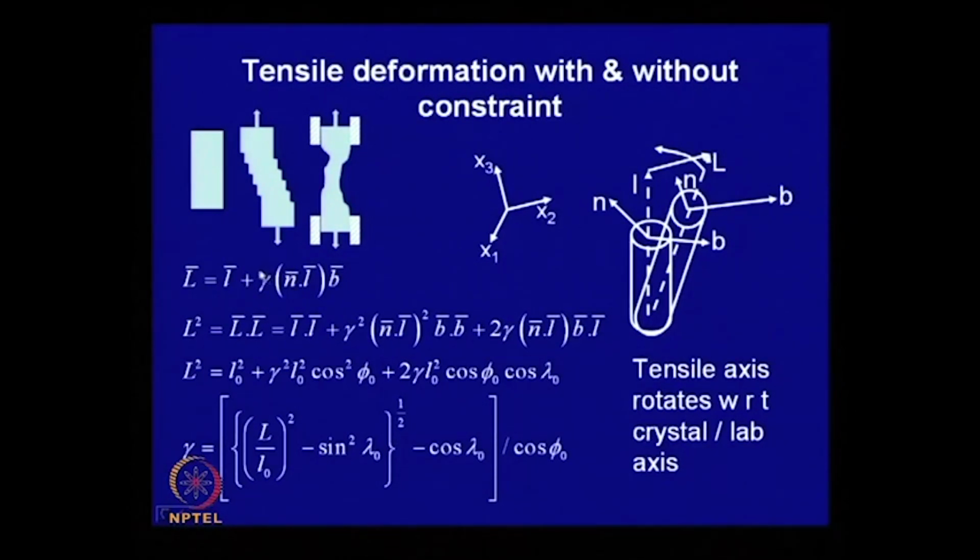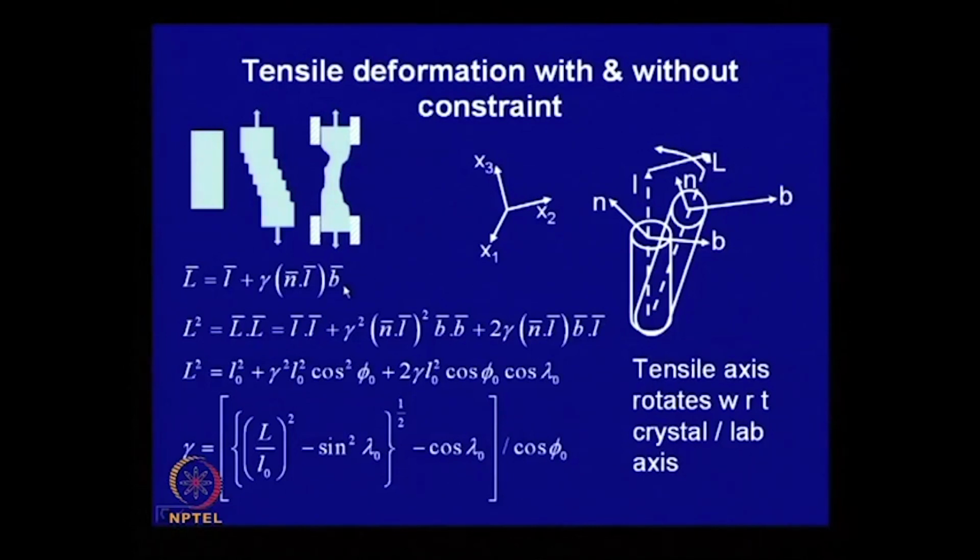The magnitude is written here: gamma, n dot l times b. So, how do you find out the magnitude? l is this, and the component, the dot product l dot n, times b.